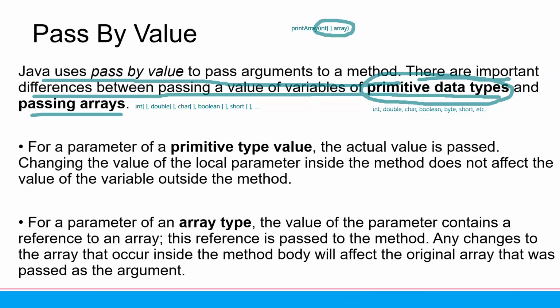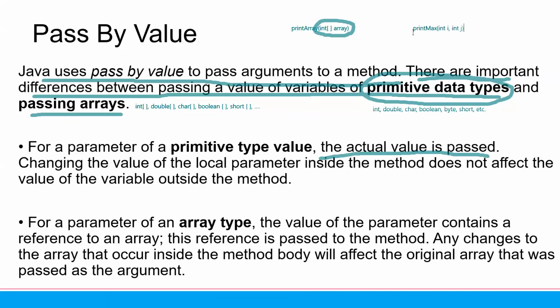For a parameter of a primitive type value, the actual value is passed. So if I have, for example, printMax, and then you have integer i and integer j, I will pass the two values.